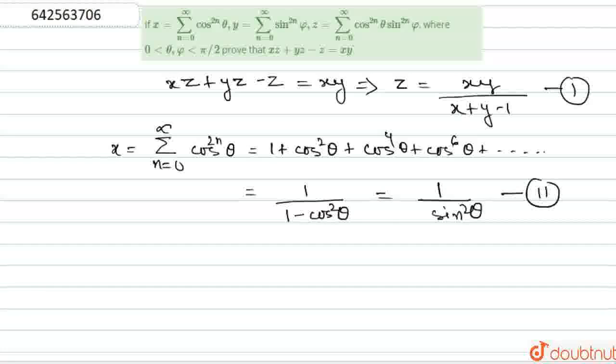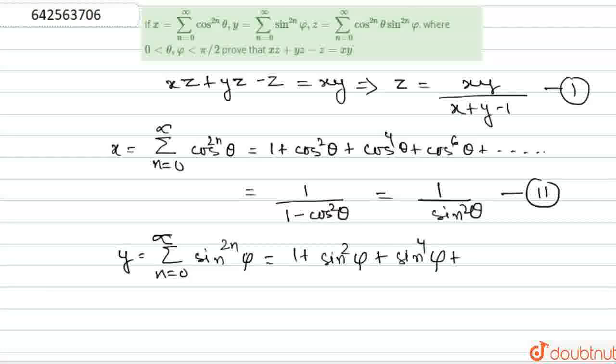Now it is given that y is equal to summation from n is equal to 0 to infinity sin to the power 2n phi, or when we expand this we will get 1 plus sin square phi plus sin to the power 4 phi and so on.